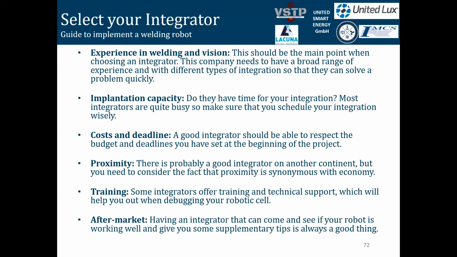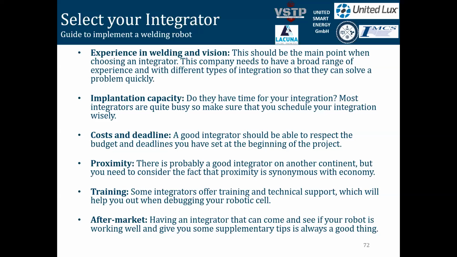Proximity, where is this integrator? Where's the next service if I have a problem? How quick will they come to us and help me? Then what is about some training? How much training do they provide to my people? And is it included or not? And as well, the aftermarket support as the last point.